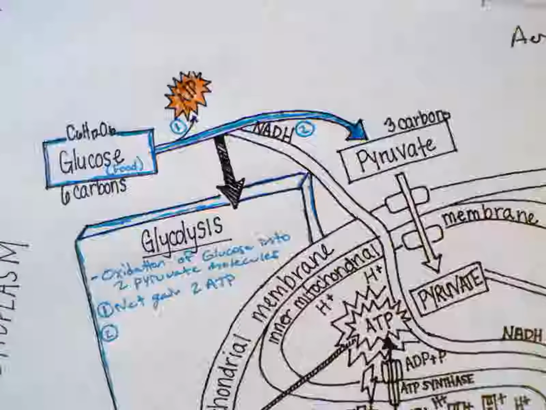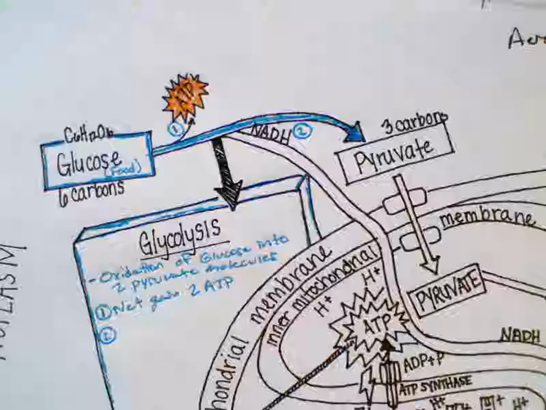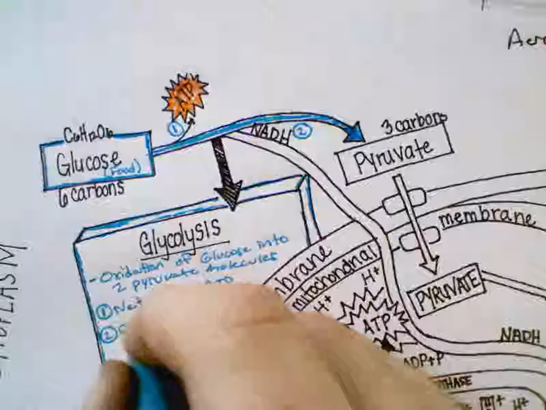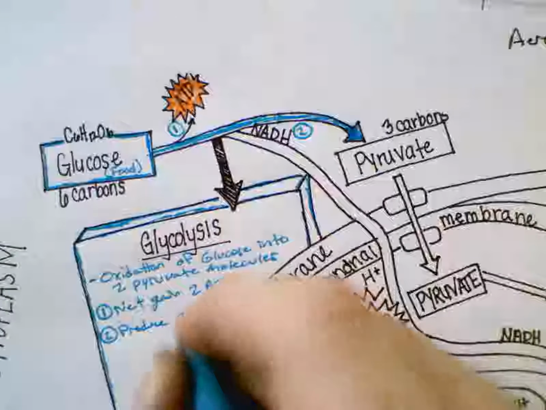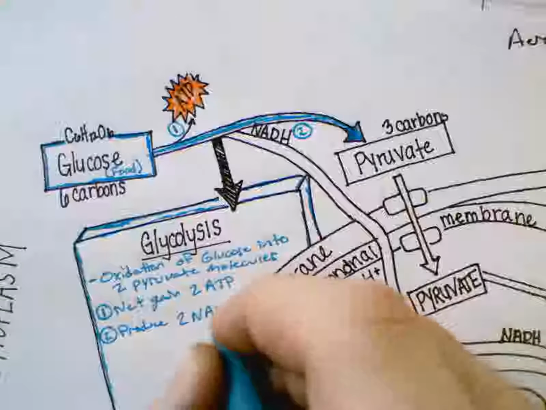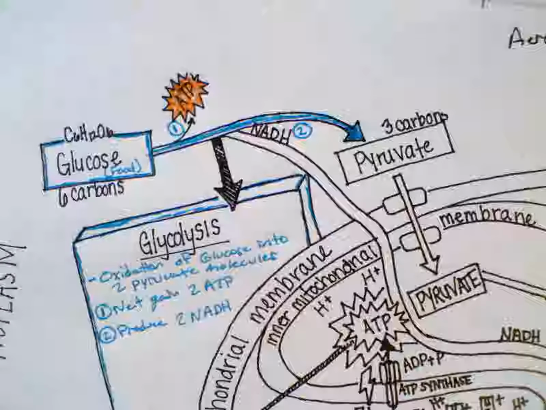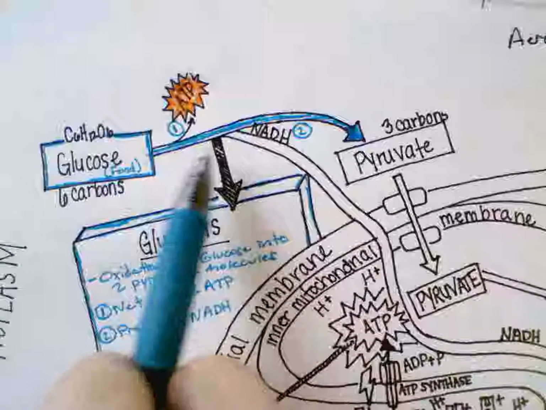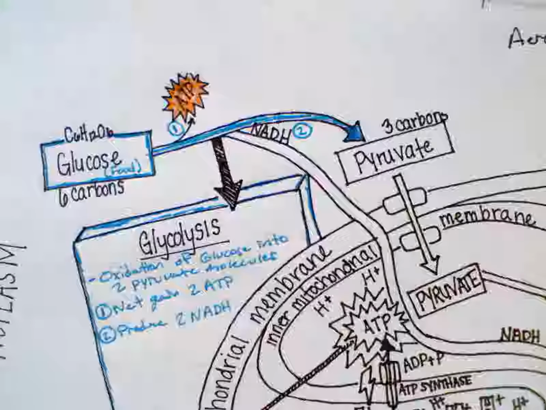The next thing is we're going to make some NADH. So we are going to produce 2 NADHs. This occurs through oxidizing. It's not glucose anymore. It's one of the intermediates of glucose as we move down this chain.